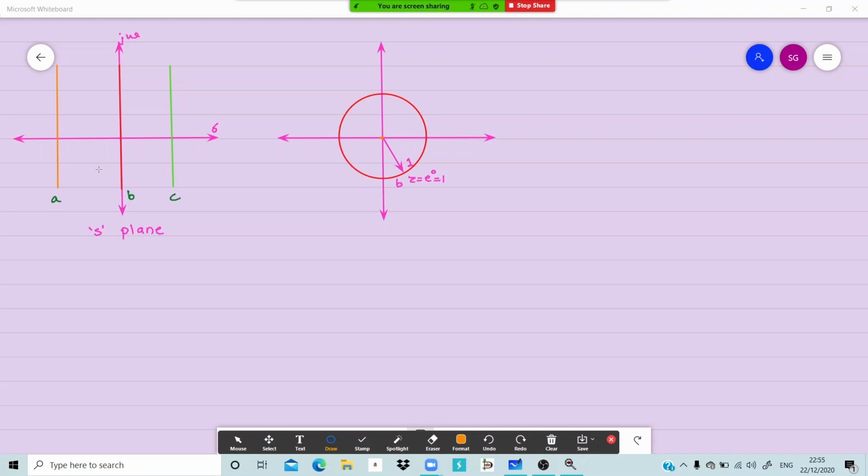As you go on this side, the value of s becomes more and more negative, and the radius will keep on reducing. That means if I draw the circle, this circle is representing A. I write it over here, A.